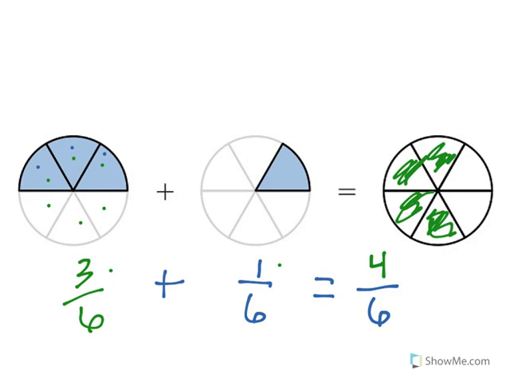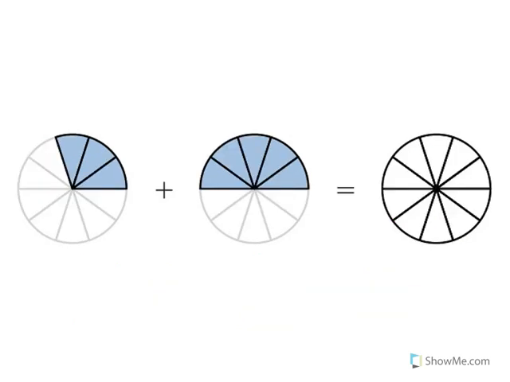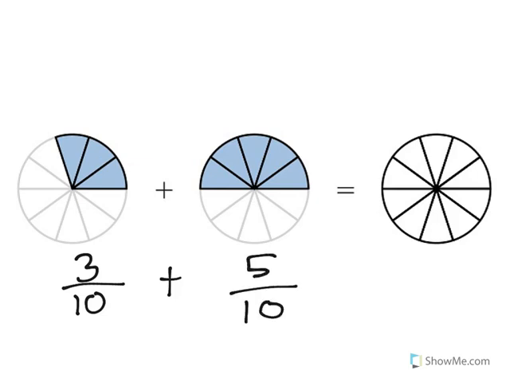Let's look at another example. What two fractions do you see here? This fraction right here would be 3/10, and this fraction right here would be 5/10.